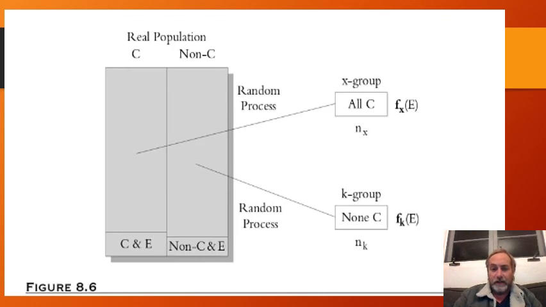And you see down in the real world population, some percentage of people with a causal factor will have the effect. And in the non-C group, some percentage will have the effect as well. But if that probability is lower in the real population, that means that there is a causal relationship, right?